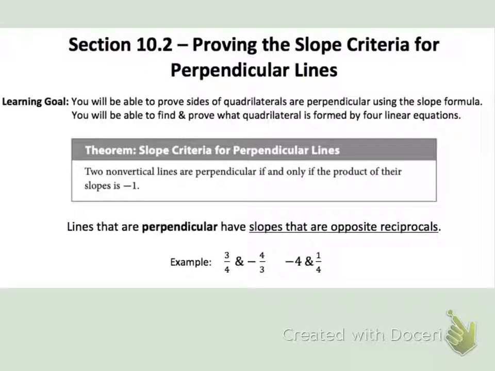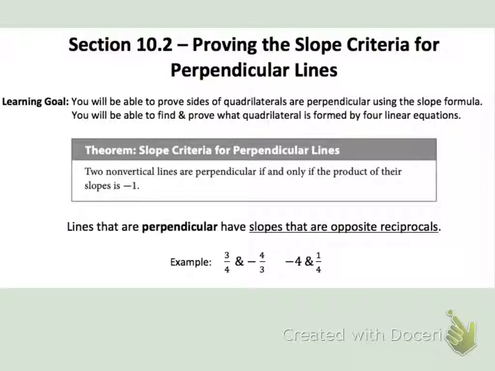Today we're going to continue on the same theme of yesterday's lesson, using a slope criteria to prove certain kinds of quadrilaterals. Yesterday we proved that figures were parallelograms or trapezoids by showing that they had either one or two pairs of parallel sides.